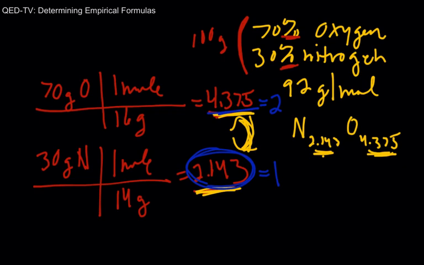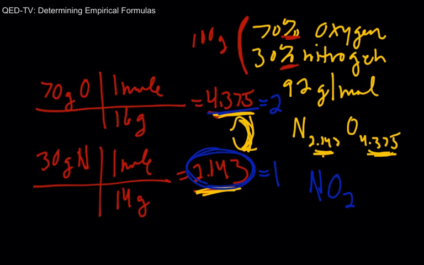Now, it might be 2.04, or it might be 1.98, but those are really close to 2, and so therefore you can say, well, it's a 2-to-1 ratio. Now, if it doesn't come out that close, then you're going to have to do something else. We'll do that in the next problem. But this is a 2-to-1 ratio, which means my formula is 1 part N and 2 parts oxygen. So NO2 is my empirical formula.